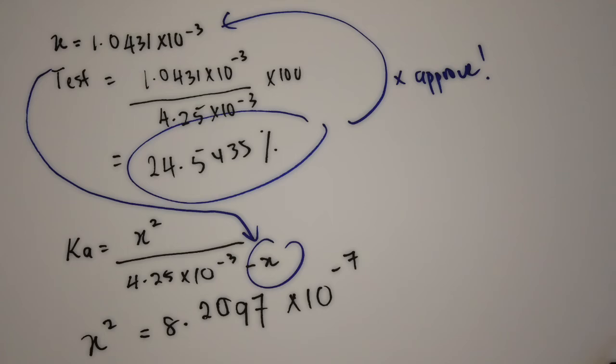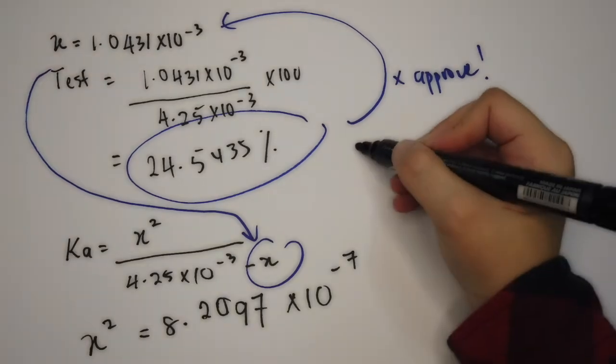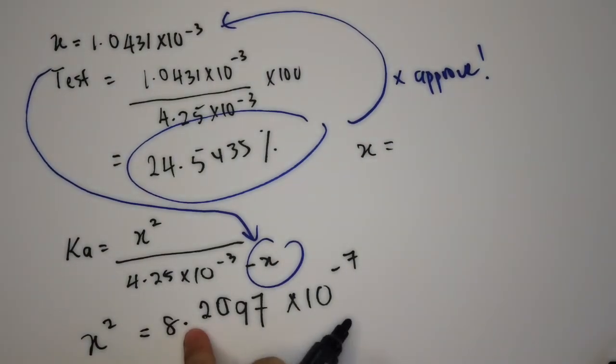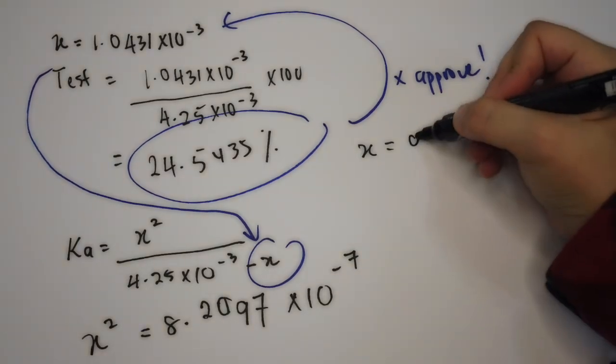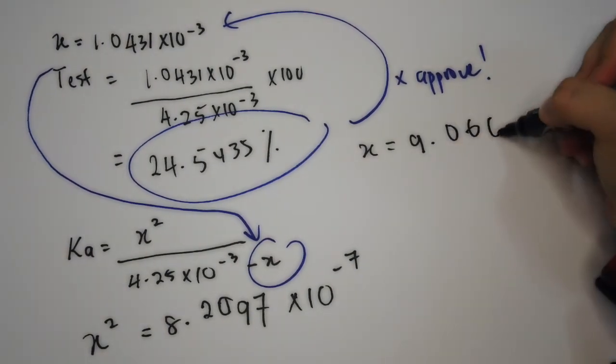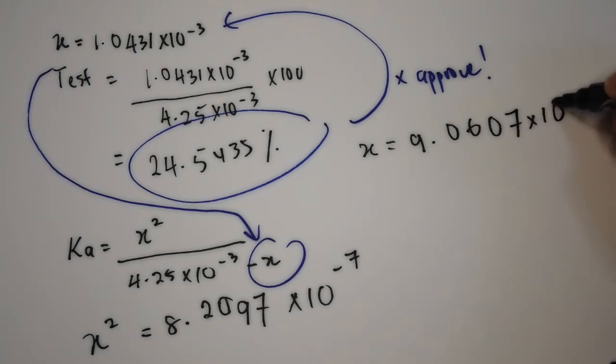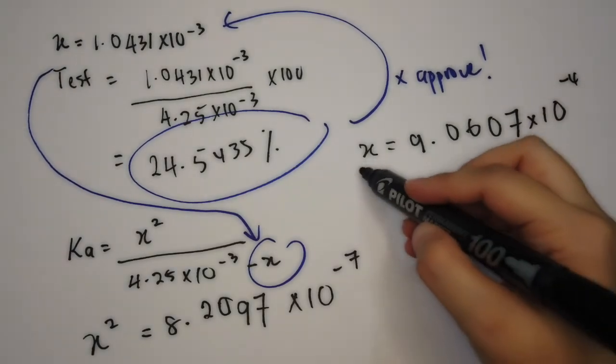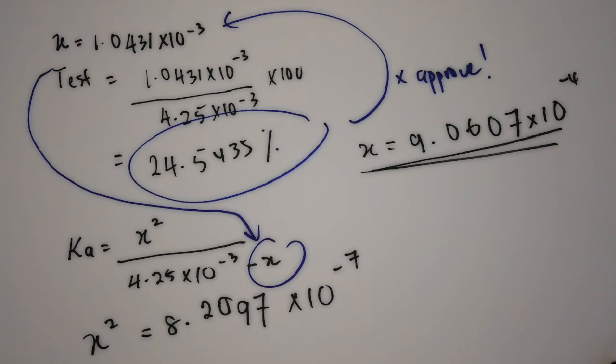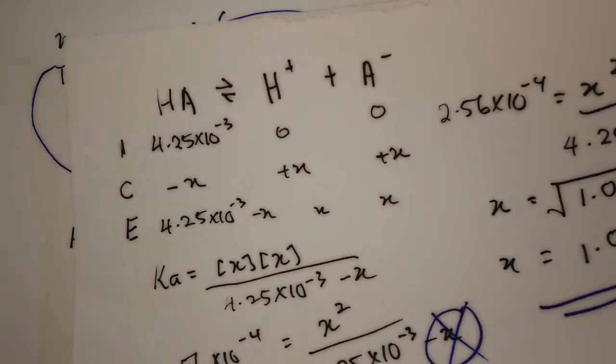Next is your X. You should do just a square root of this one. So the value of X should be 9.0607 times 10 to the power of negative 4. So this is your actual value of X. We need to refer back to our ICE diagram.